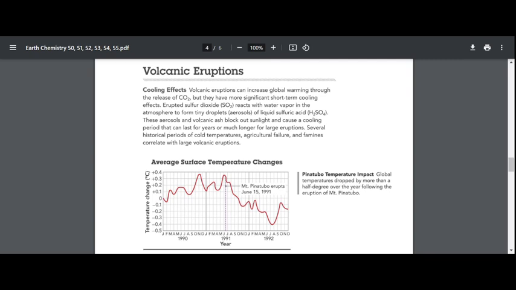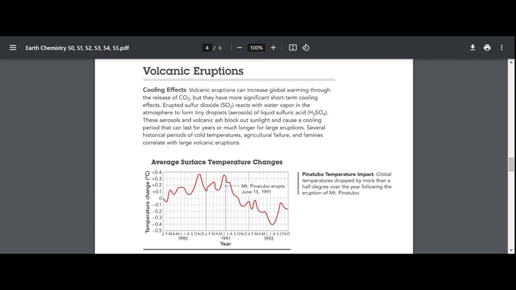These aerosols and volcanic ash block out sunlight and cause a cooling period that can last for years or much longer for large eruptions. Several historical periods of cold temperatures, agricultural failure, and famines correlate with large volcanic eruptions.